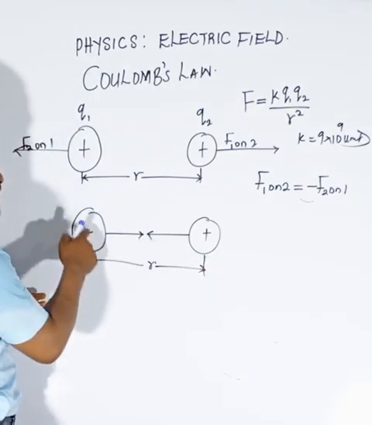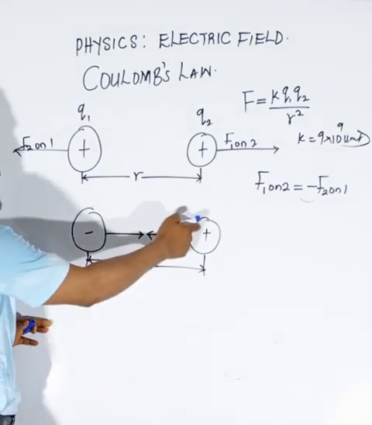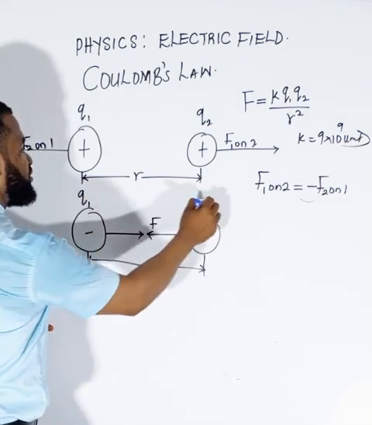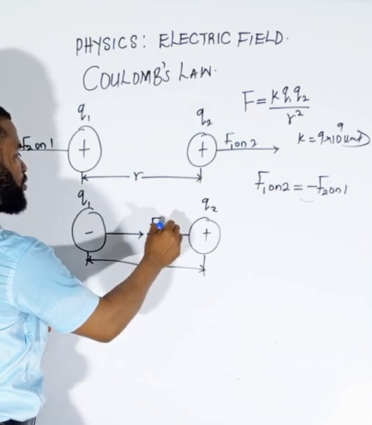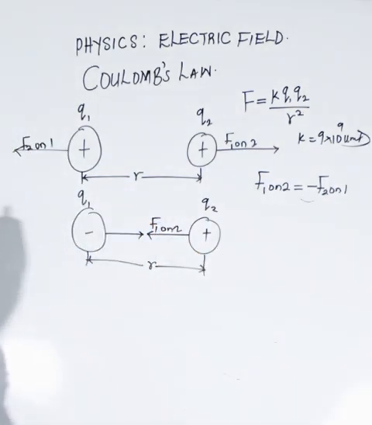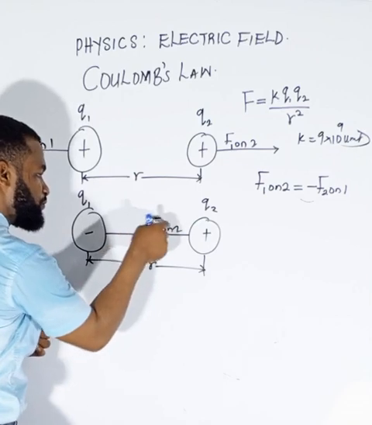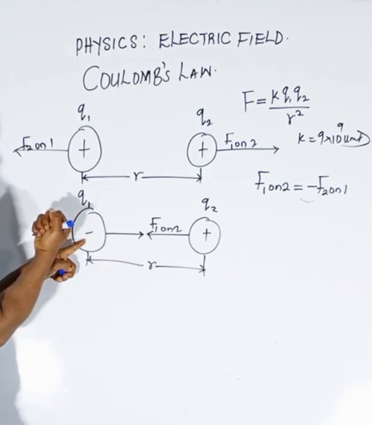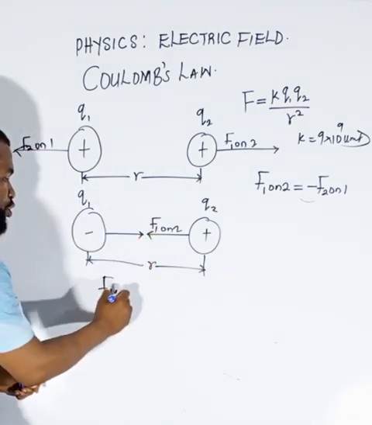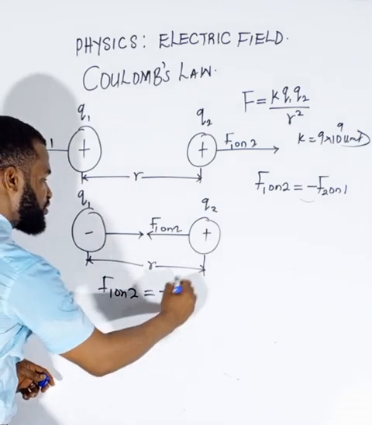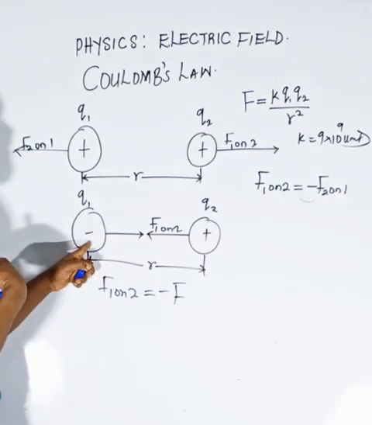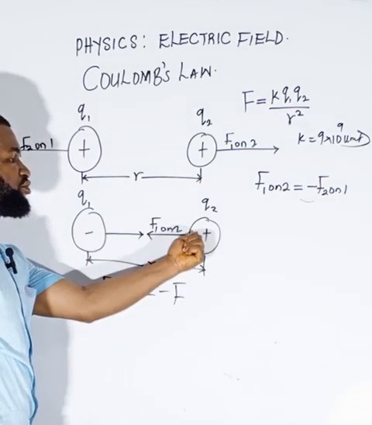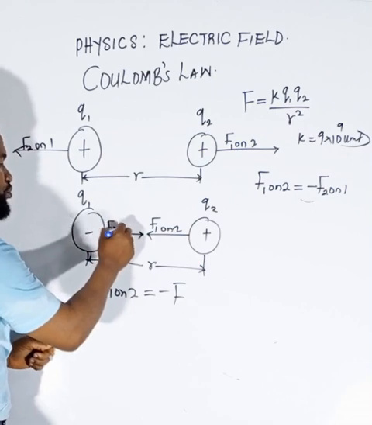Let's call this one Q1 and this one Q2. F1 on 2 is the force pushing it this way because they are opposite charges. This particular charge will be pulling this one towards him, with the force F1 on 2, which is equal to minus the force that this one is feeling because of this one, whereby this particular one will be drawing Q1 with this force F2 on 1.